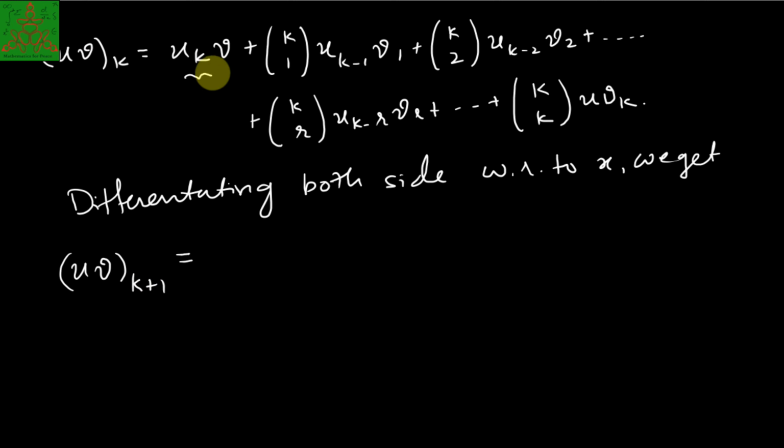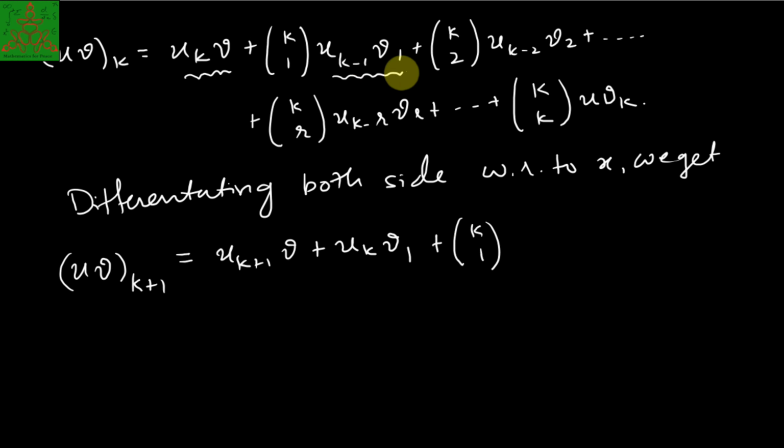We use the product rule here, and we know that the derivative of a sum of two functions is the sum of the derivatives. So we get uk+1 v plus uk v1, plus kC1 times the derivative of uk-1 v1, which gives uk v1 plus uk-1 v2.